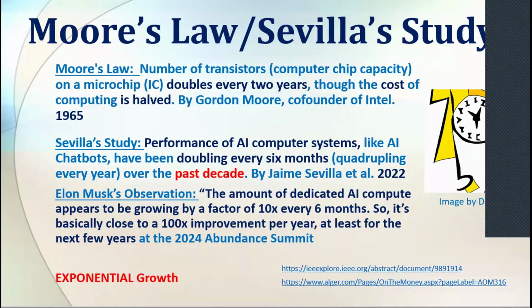Okay, Elon has a tendency to exaggerate sometimes, but he's a sharp guy. I'm not going to put anything past him. Basically, if it's 10 times in 6 months and then 10 times in another 6 months, that's a 100-time improvement in a year. And he said that at the Abundance Summit. For the next few years, it's going to be at that rapid pace.